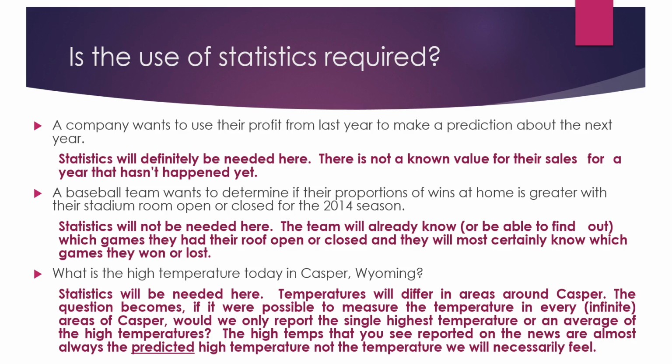So technically that would be an infinite amount of measuring. So if we did have the single highest number, would that still be the one that we would report? Because only one place or maybe a few places in Casper would experience that temperature. Or would we use a different way to combine all of the high temperatures and summarize them and put them together? So that's something that we will get a little bit more technical with later on in Unit 1.